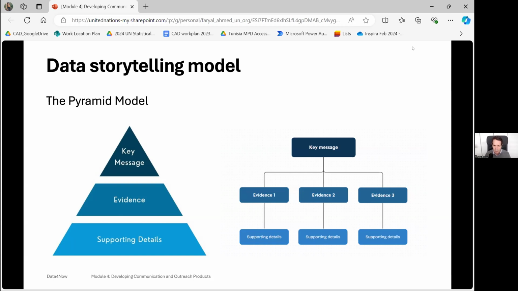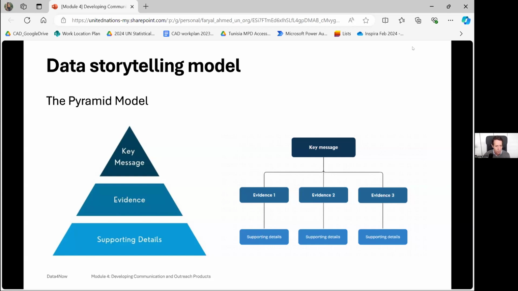So that is a very, very simple formula, and we've set up a workbook to allow you to then develop stories using this model to make it simple and easy for you to really map out your stories.